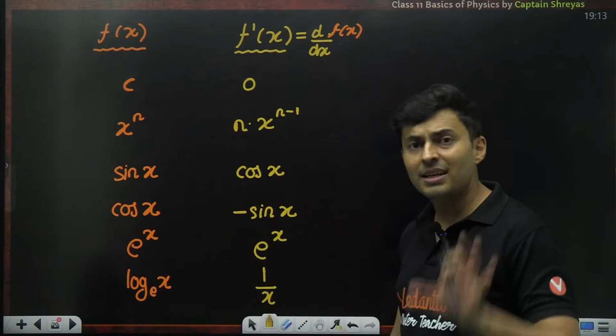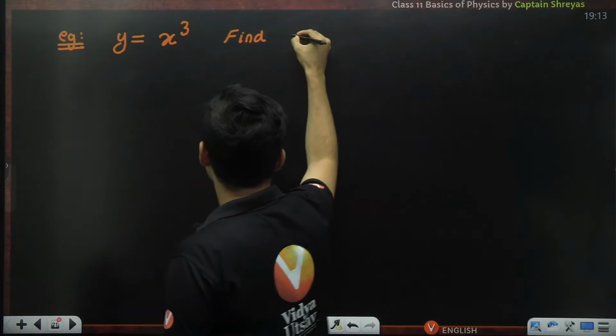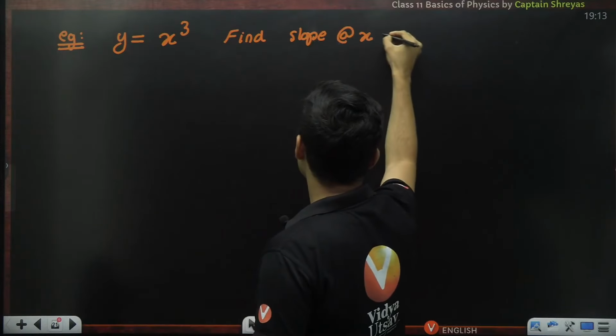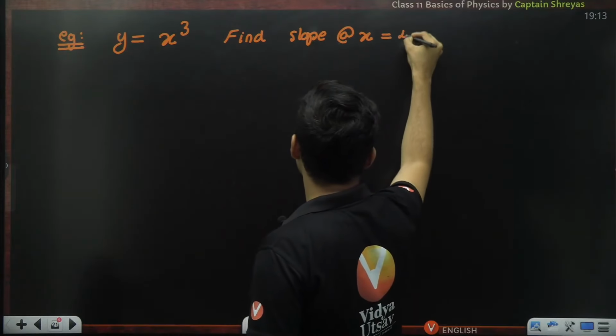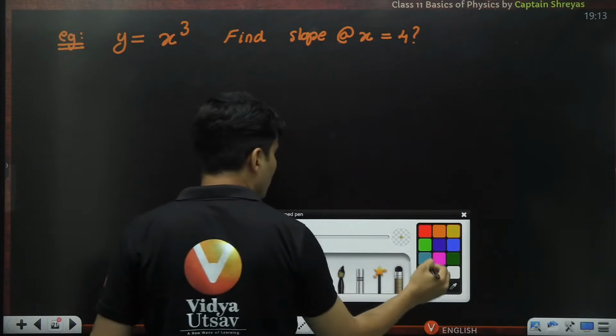If I tell you y is equal to x raised to 3 and I ask you to find the slope at x is equal to 4, let's try to solve the question.